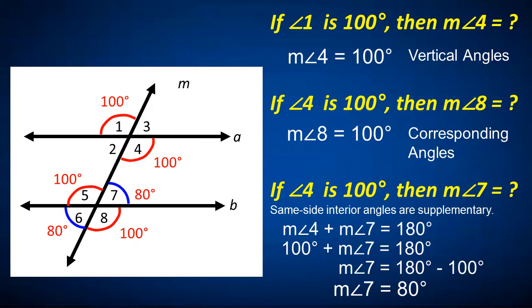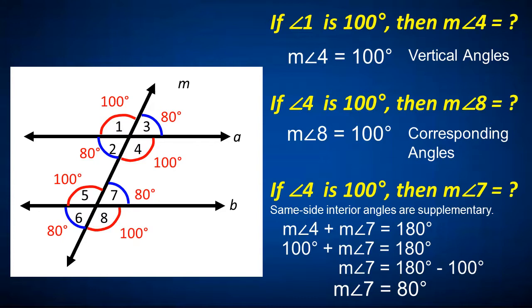Next, if angle 6 is 80 degrees, what is the measure of angle 2? Angle 6 and angle 2 are a pair of corresponding angles. Corresponding angles are congruent, so angle 2 is also 80 degrees. And if angle 2 is 80, angle 3 is also 80 because they are vertical angles.